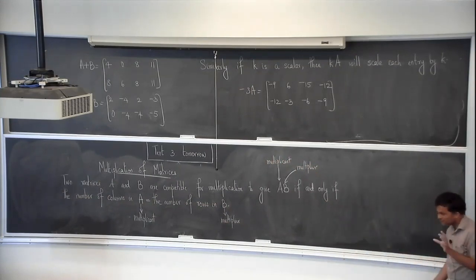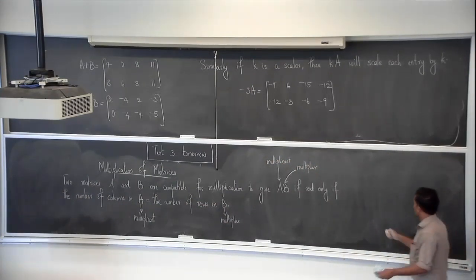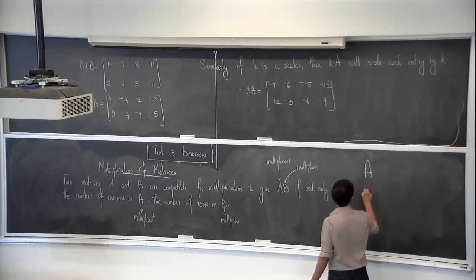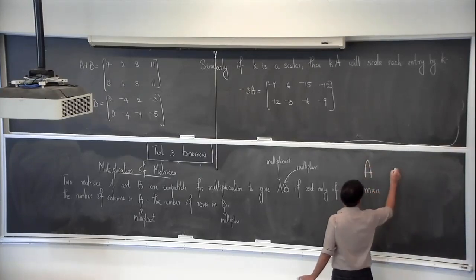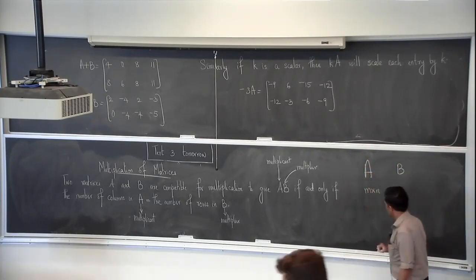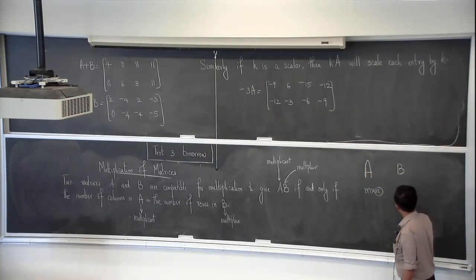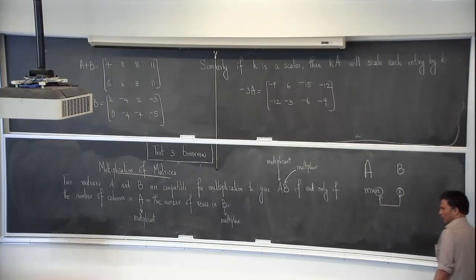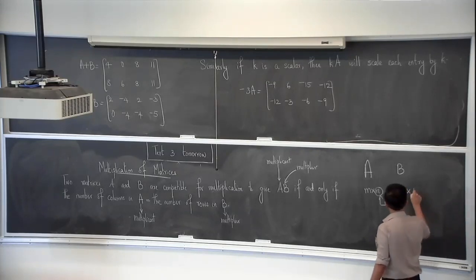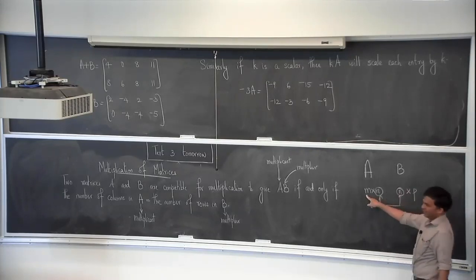So in terms of notation, if A is an m by n matrix, the requirement is that the number of columns of the first matrix must be equal to the number of rows here. These must match. That is a requirement. We don't care what is on this side. This number is any arbitrary number.